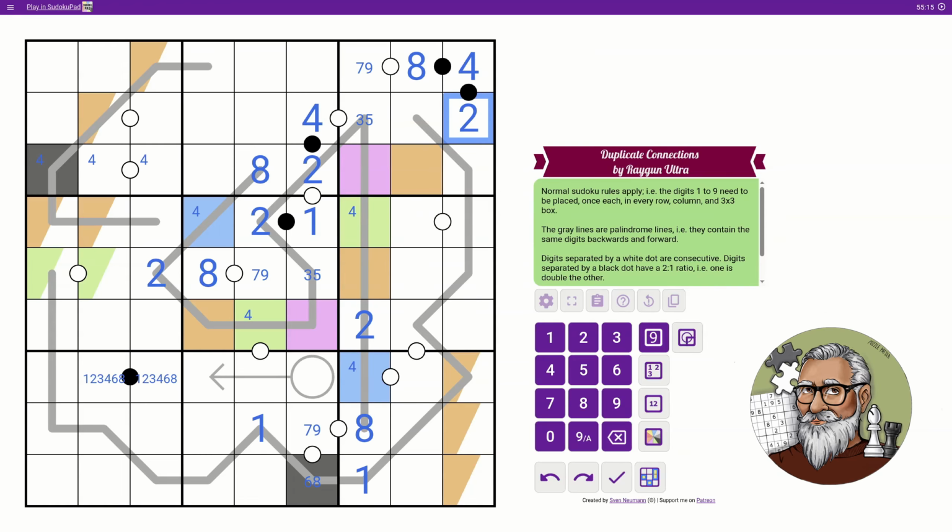Right. Right. Still not resolved. Still not resolved. One of those is a 2. Not these. Not this one. One of these is a 2. Can this one be 2? Yeah. This one can have a 3 and 1 or 3, right?